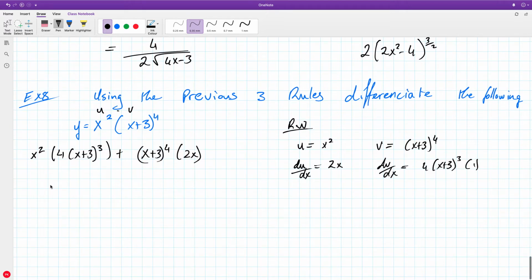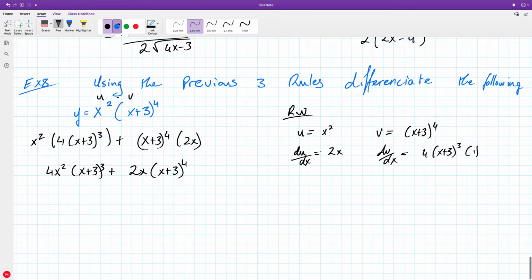So then that's 4x squared by x plus 3 cubed plus 2x times x plus 3 to the power of 4. Everyone happy with that? Any questions? Fire away if you do.